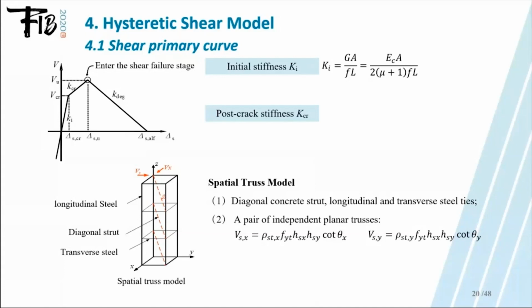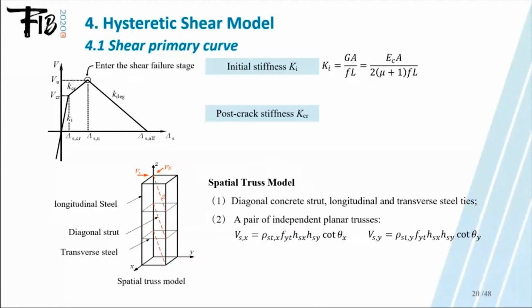The first stage of the shear primary curve represents elastic behavior up to the shear cracking point, which indicates the initiation of diagonal cracks. It is practical to estimate the shear deformation of intermediate short columns by idealizing the column as a homogeneous isotropic material with a constant shear modulus.